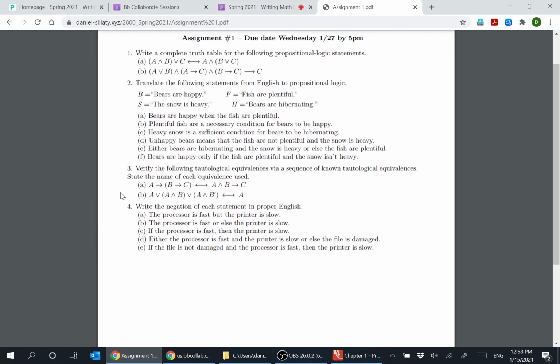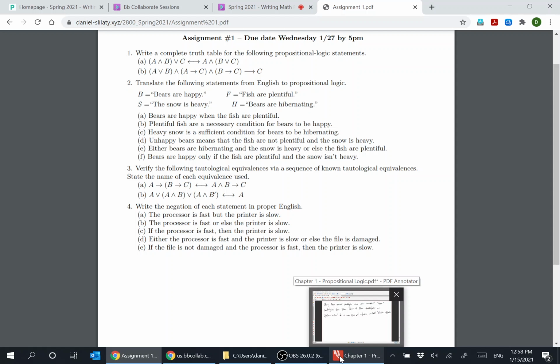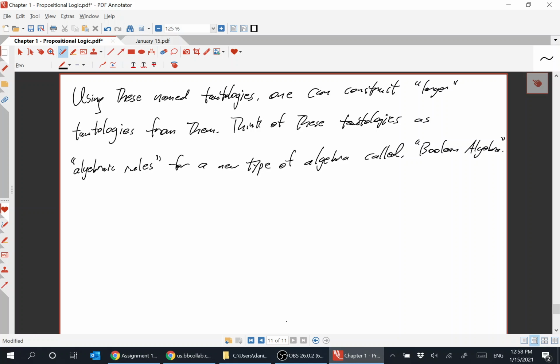The two that I assigned for, okay, so this one, that's a good one, and that one, A or A and B or A and B not is logically equivalent to A. Yeah, of course. Well, there's the one. We've got to start off with an easier one.